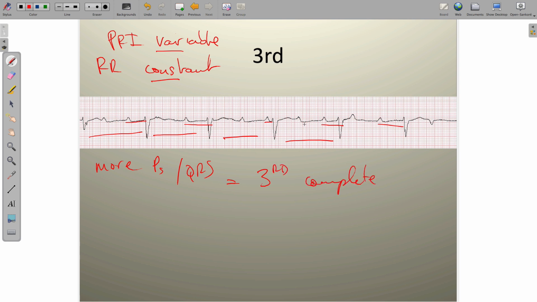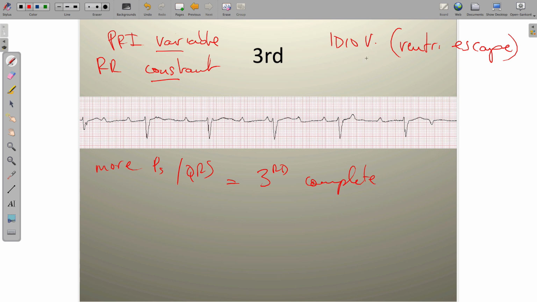So this tells us that none of these P waves are actually producing the QRS complex that follows it. Now, I also want you to appreciate an additional piece here. When we talked about the idioventricular rhythms, we also said that it could be called a ventricular escape rhythm. And at that time, I mentioned to you that the difference between a ventricular escape and an idioventricular rhythm was not in their appearance.